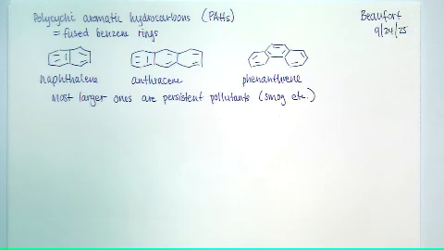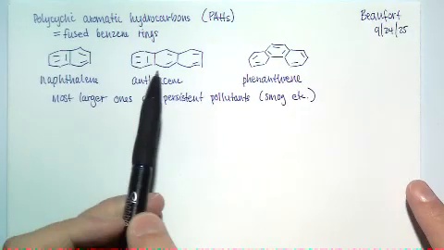So another class, and it's very important, of aromatic compounds are these polycyclic aromatic compounds, PAHs, polycyclic aromatic hydrocarbons, and they're just fused benzene rings. You can basically just put these together like puzzle pieces.